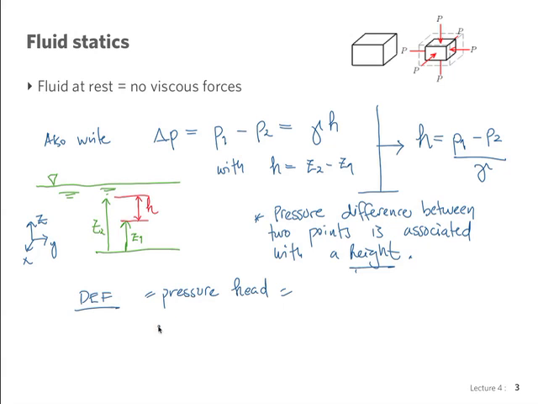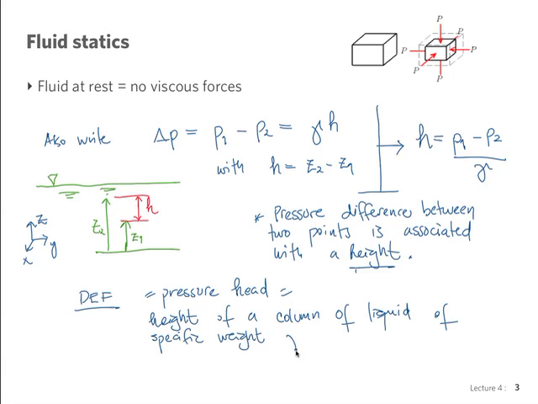And this is simply the height of a column of liquid of specific weight gamma, required to give a pressure difference delta P.